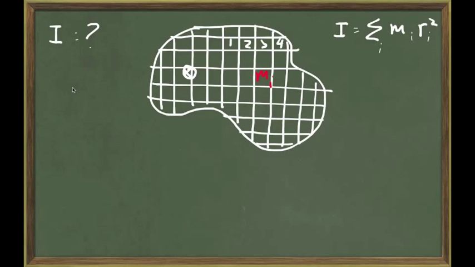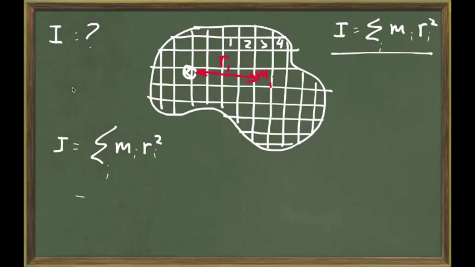The piece i, which has a mass m sub i, is at a distance r sub i from the axis of rotation, and therefore this piece will contribute to the overall moment of inertia of the object with an amount m sub i r sub i squared. Of course, this is not the only piece that makes up the object, so we have to sum over all of the pieces to obtain the total moment of inertia of this object.